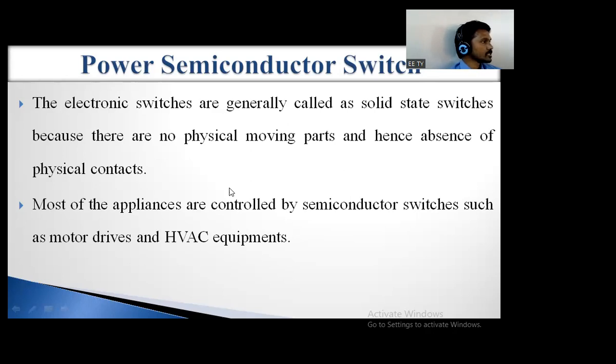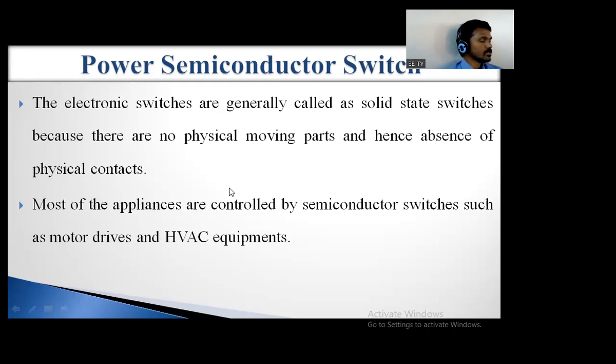We can move the switch to position 1, position 2, on and off and so on. These are the mechanical switches. These mechanical switches have moving contacts or moving parts. But the power semiconductor devices are operated as switches, and these do not have any moving parts. That's why these switches can be called solid state switches. Please remember this point, all of you.